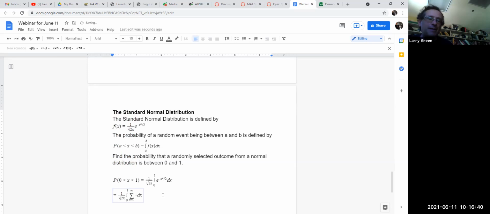The negative becomes a negative 1 to the n. x squared becomes an x to the 2n. Over 2 becomes an over 2 to the n. And then n factorial. But this is an easy integral. Integrating is really easy with power series.